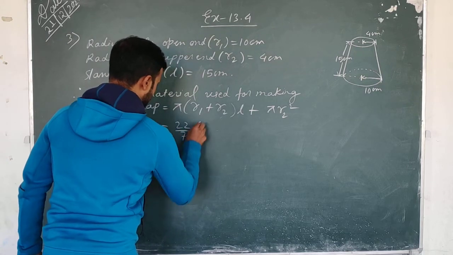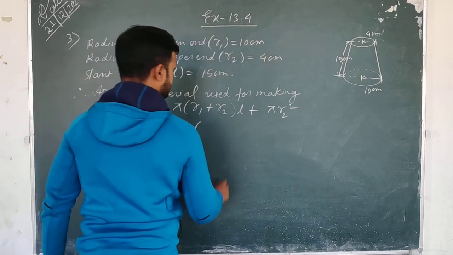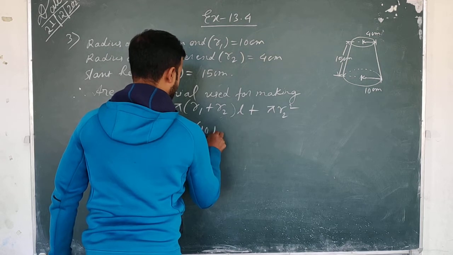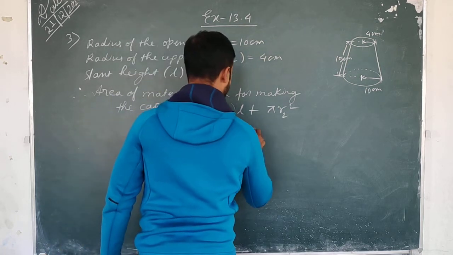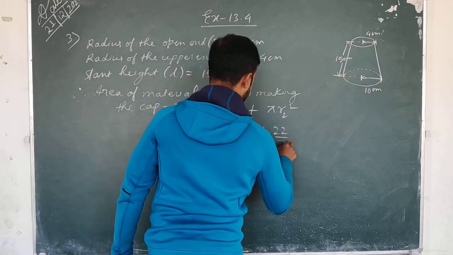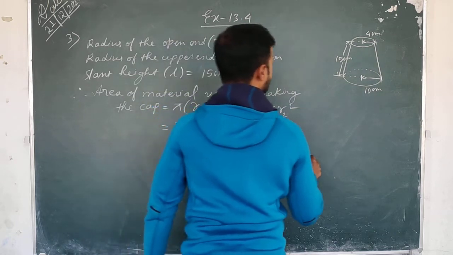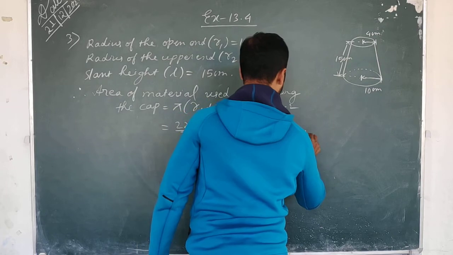Then 22 by 7. R1 is 10, R2 is 4, slant height is given 15.